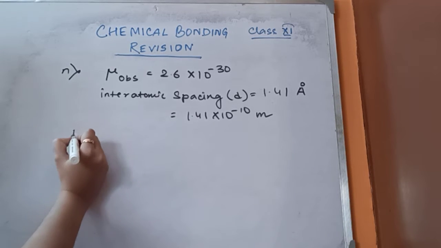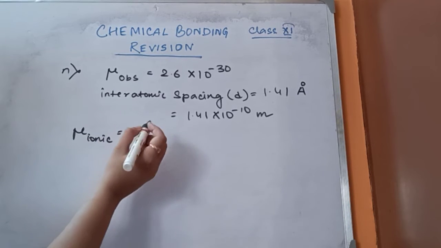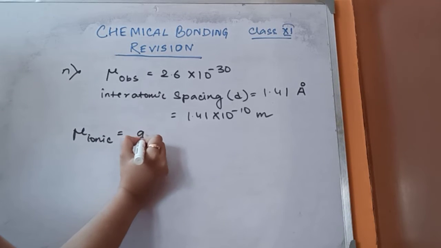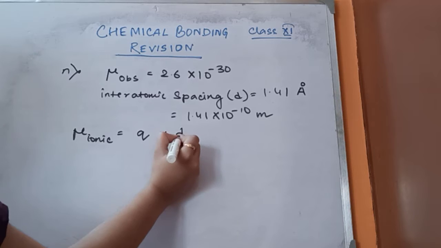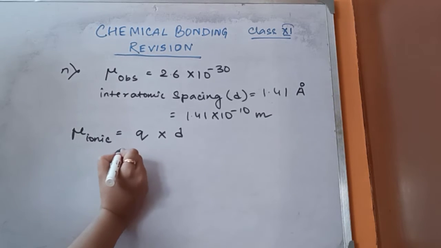You have to find the calculated dipole moment by charge into distance. You know that the formula of dipole moment is charge into distance between the centers of the positive and negative charges.